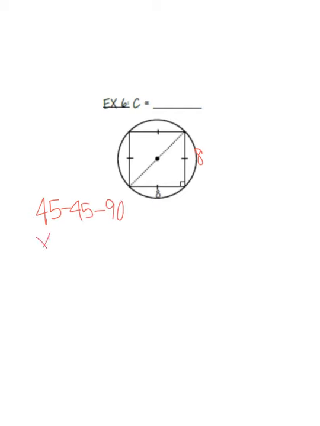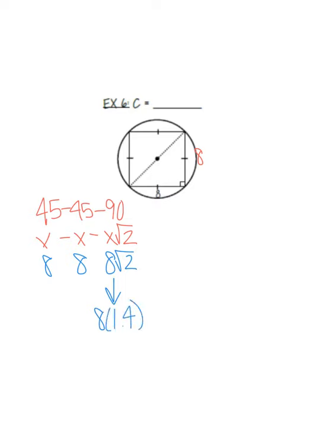And it's x, x, x radical 2. Which means it's 8, 8, 8 radical 2. And if you remember, instead of radical 2, we're using 1.4. So I'm going to do 8 times 1.4, and I have a product of 11.2. So my diameter is 11.2.